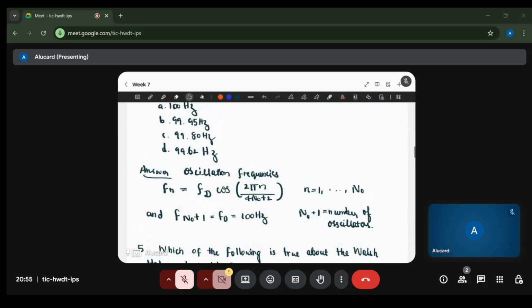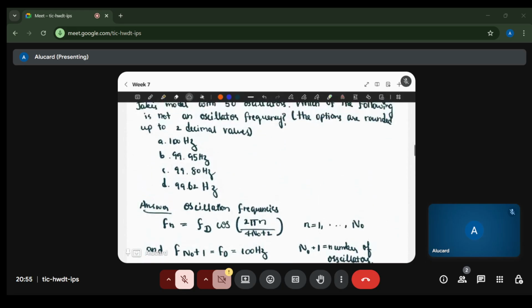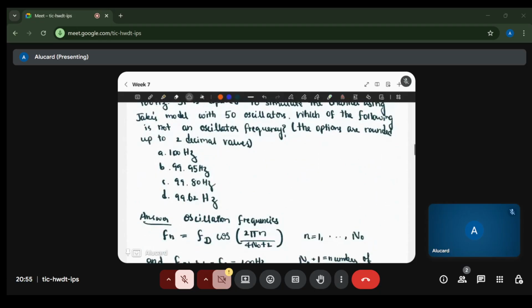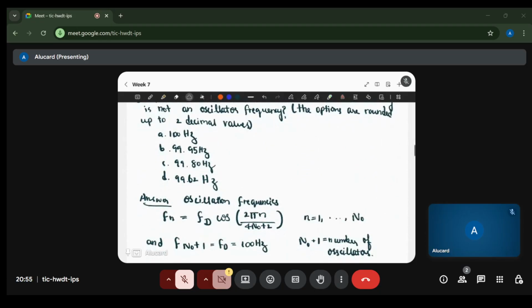Capital N0 plus 1 is the number of oscillators, which is 50. Then we substitute each of the values in the options and find out which of them does not correspond to an integer value of small n.